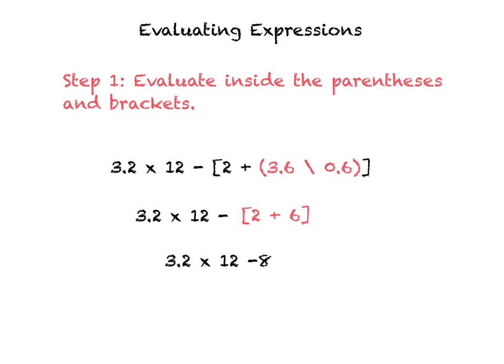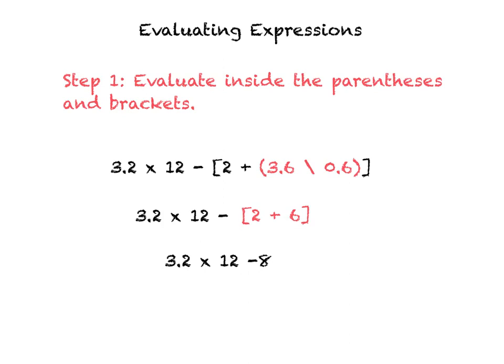As you can see here, I've now solved that part of my problem. 2 plus 6 is 8, and I brought that straight down. And then I brought down the rest of my problem. 3 2/10 times 12 minus, and now my answer that was inside the brackets.